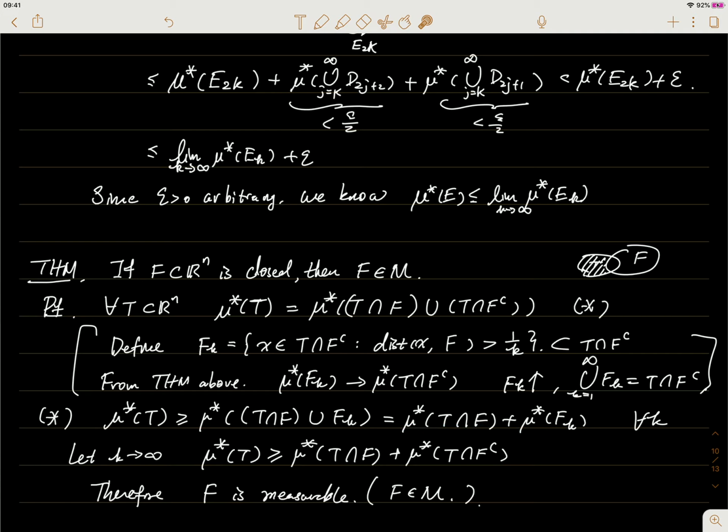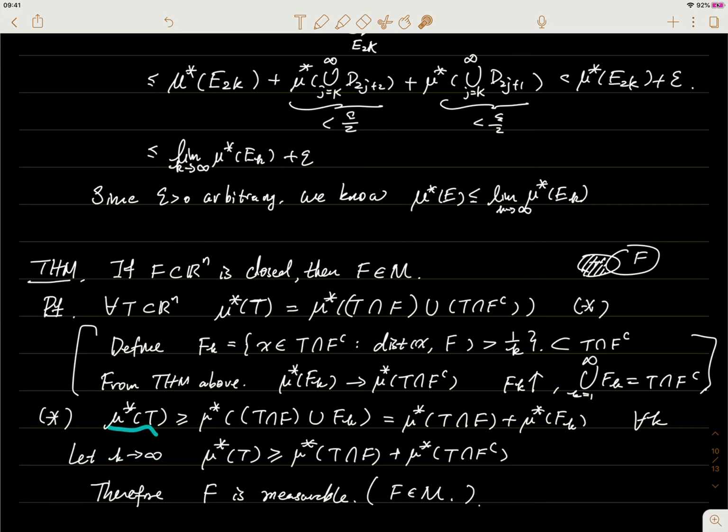Now, by applying the limit, we know F_k is approaching this set, so the outer measure here will eventually become this.